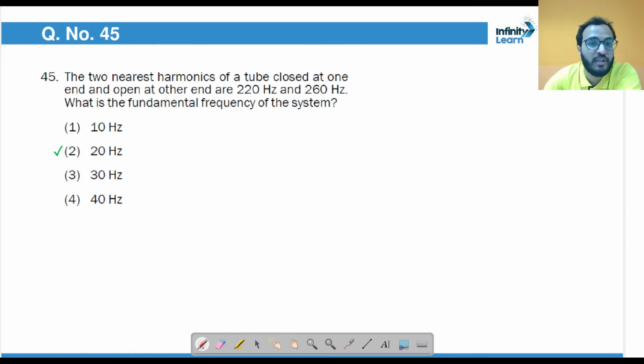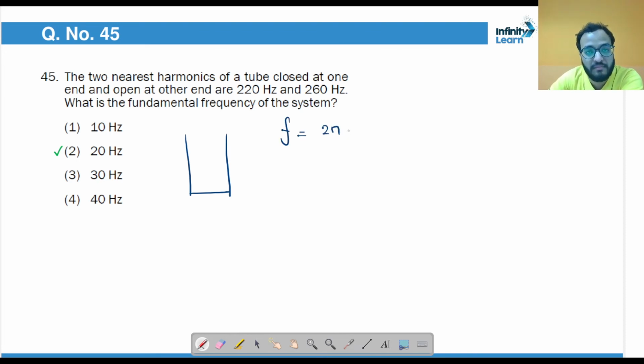The two nearest harmonics of a tube closed at one end and open at the other. See, we will say that generally what is the frequency? (2n minus 1) V upon 4L.